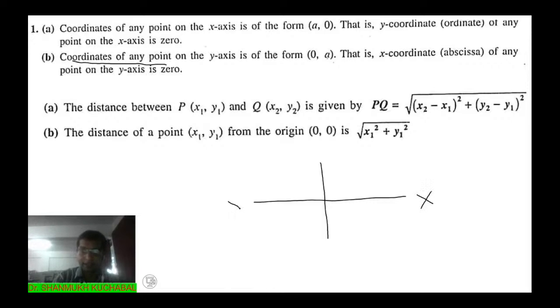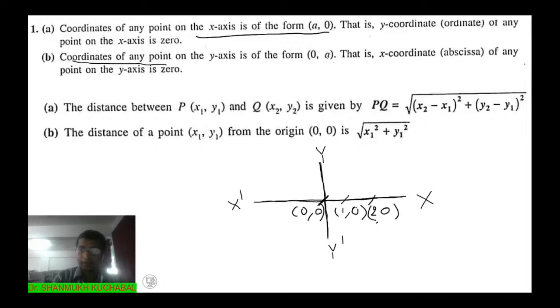This is the x-axis, negative x-axis, y-axis, negative y-axis. A point on the x-axis means here it is (0, 0), this is (1, 0), next we get (2, 0), like this we are going to get coordinates. So for a point on the x-axis, its y coordinate we have to take as 0.